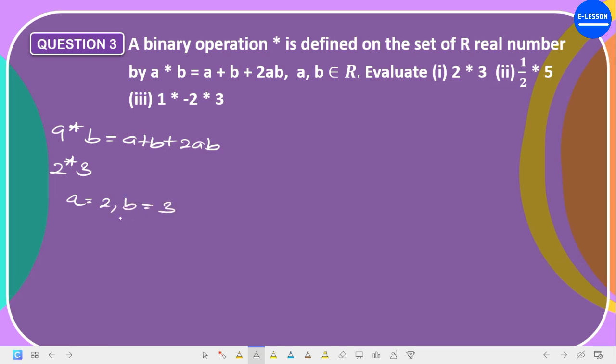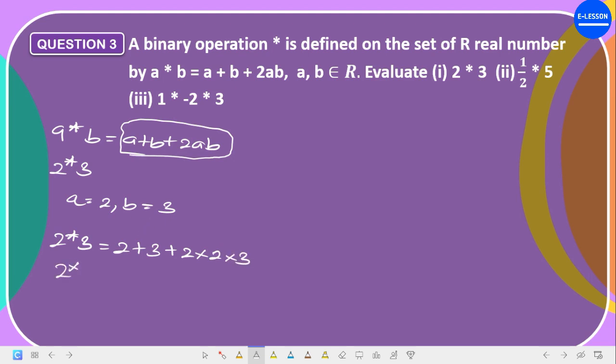Now what are we going to do? Wherever we see a in this equation, you put what? 2. Wherever we see b, we put 3. So 2 asterisk 3 will be equal to, now the equation says what? A plus b plus 2ab. So where's our a? 2 becomes 2 plus, where's our b? 3 plus 2 times 2 times 3, which is for b.